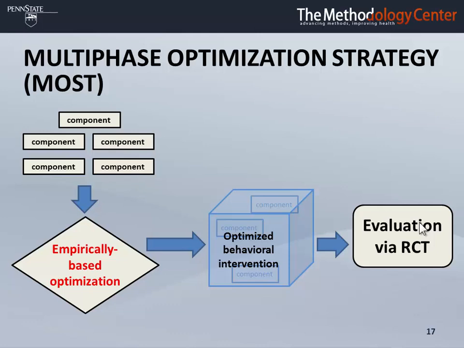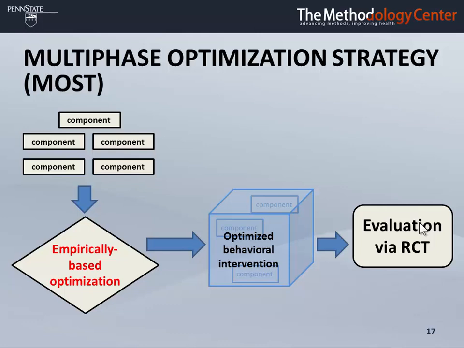In this empirically based optimization, you do experimentation to evaluate the performance of individual intervention components and also to assess whether there are interactions between intervention components. That's the part about a component possibly enhancing or undermining the effect of another one. And so once you understand all that, you can put them together to form an optimized intervention.